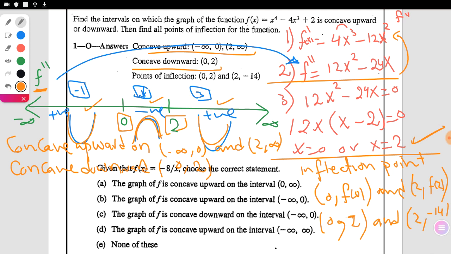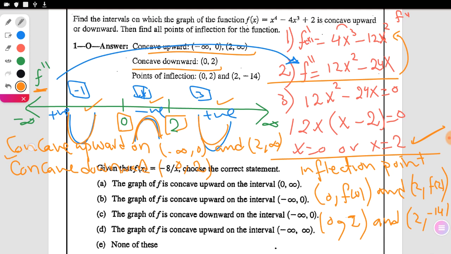Maybe at 0 or 2 we have an inflection point, at both of them or at one of them, or maybe not. That depends on the concavity of the function. If it changes around any one of them or both of them, they are inflection points.